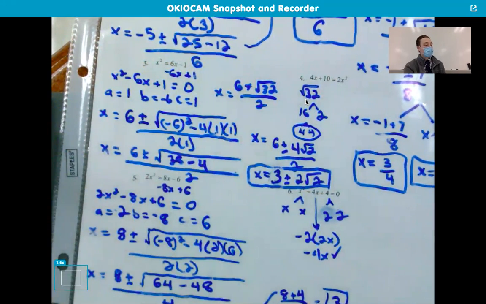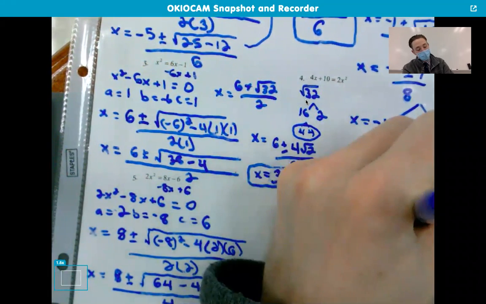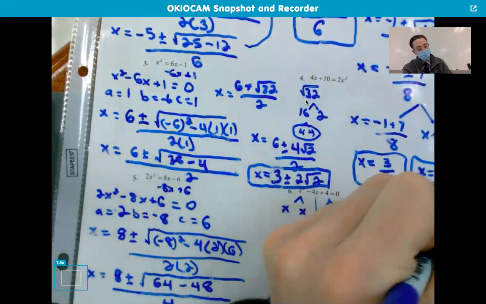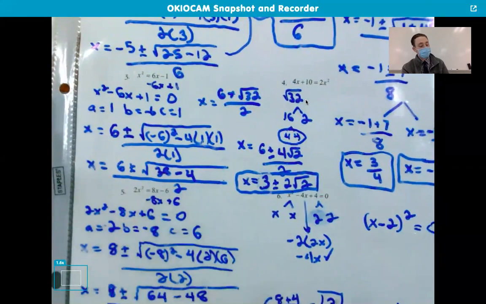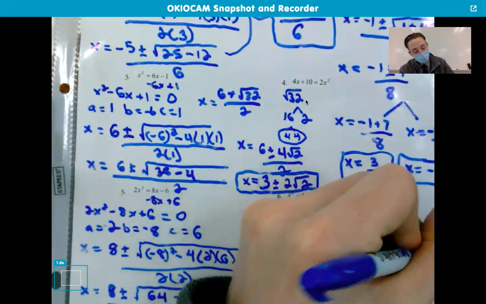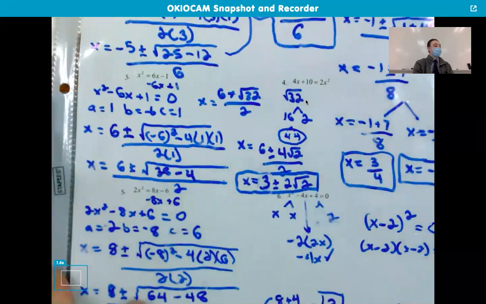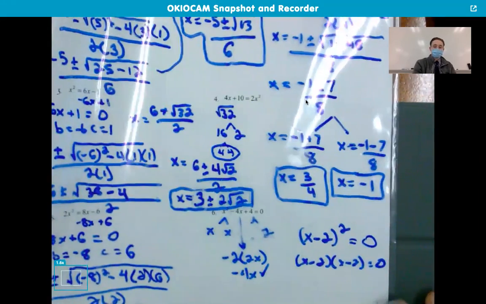So the way that I can write my answer for this is x minus 2 squared, and it's all set equal to 0, or you can think of this as x minus 2 times x minus 2 equals 0. And then to find solutions, what did I have to do with each of those factors?